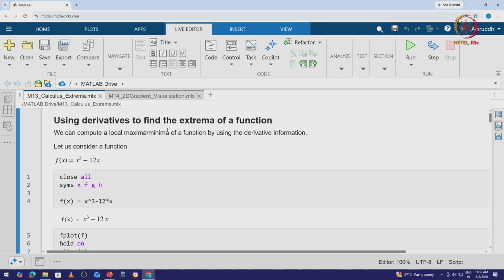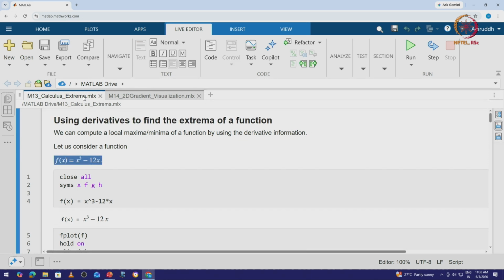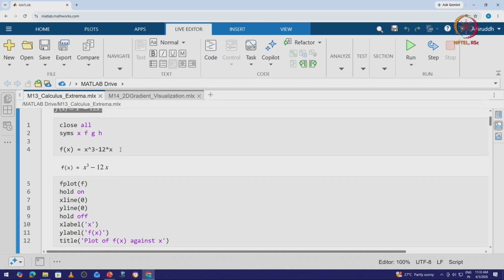Okay, so let's start with using the derivatives to find the extremum values of a function. Let's define f of x as x cube minus 12x, where we are using syms to define all the other variables.